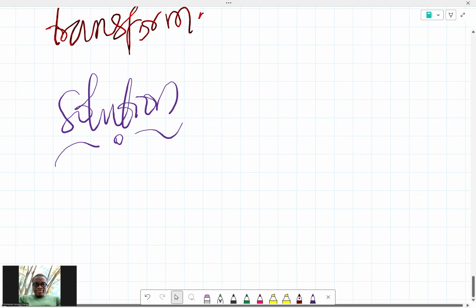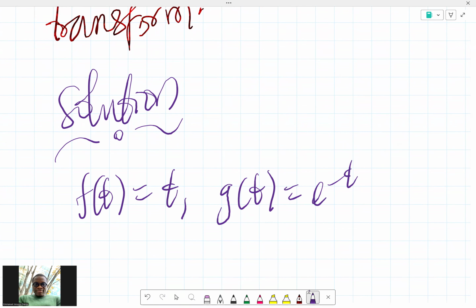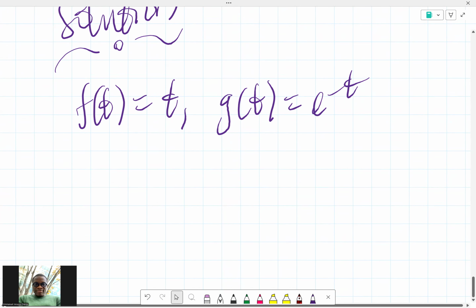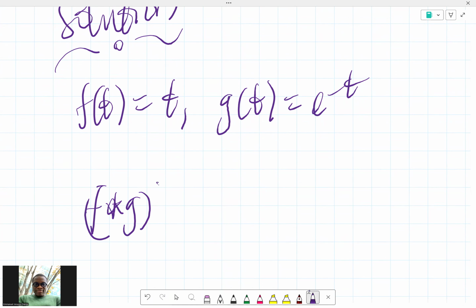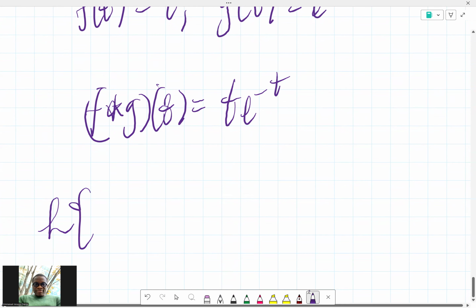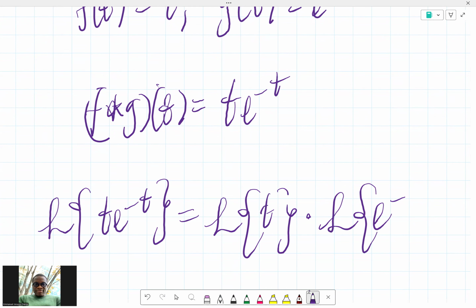We have f of t to be t, and g of t to be e raised to minus t. Since we are told to first find the Laplace transform, we know that f convoluted with g of t is the same thing as t e raised to minus t. So the Laplace of that will be the Laplace of t multiplied by the Laplace of e raised to minus t.